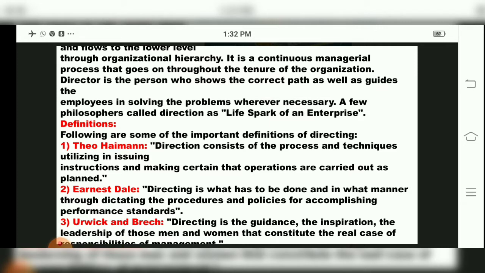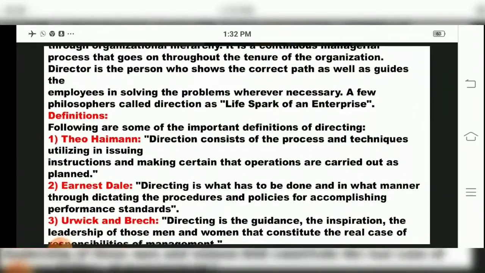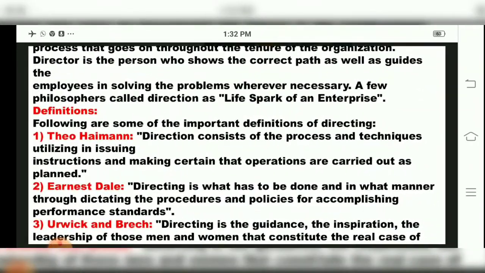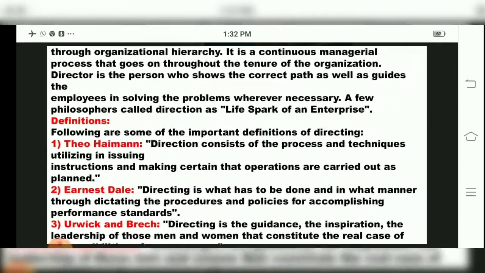Then the third definition is according to Urwick and Brech, children. Regarding directing, they have said that directing is the guidance, the inspiration, the leadership of those men and women that constitute the real core of responsibilities of management.